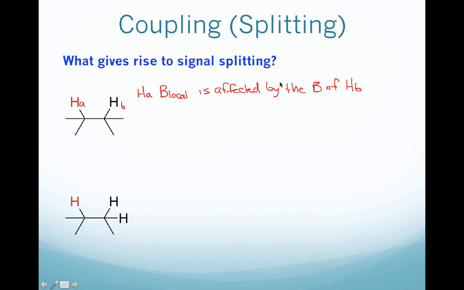And it's affected by the magnetic field of proton B. So remember that in your NMR instrument, we have our magnet, which provides an external magnetic field.